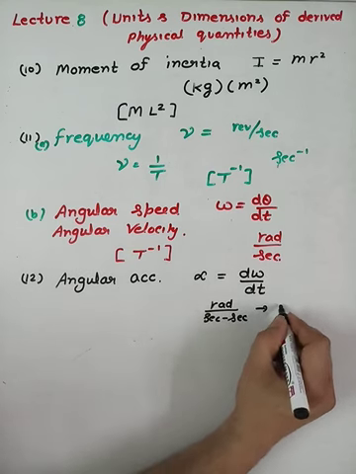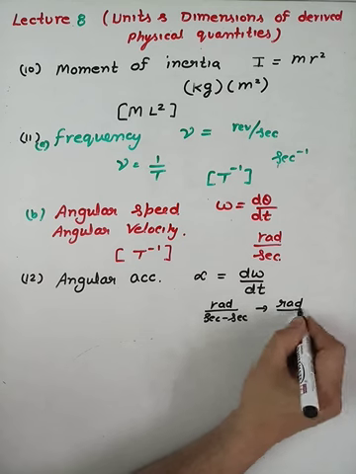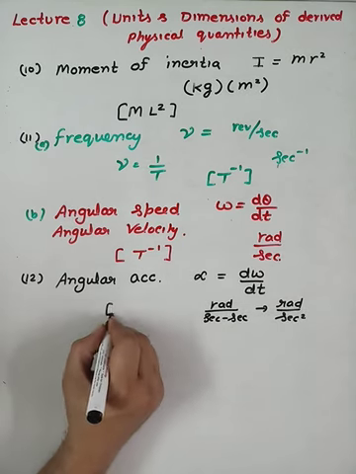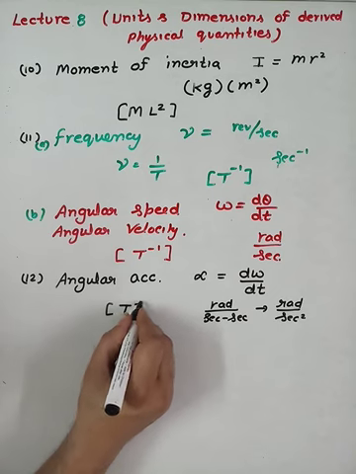You simply write it as radian per second square, and its dimension is T⁻².